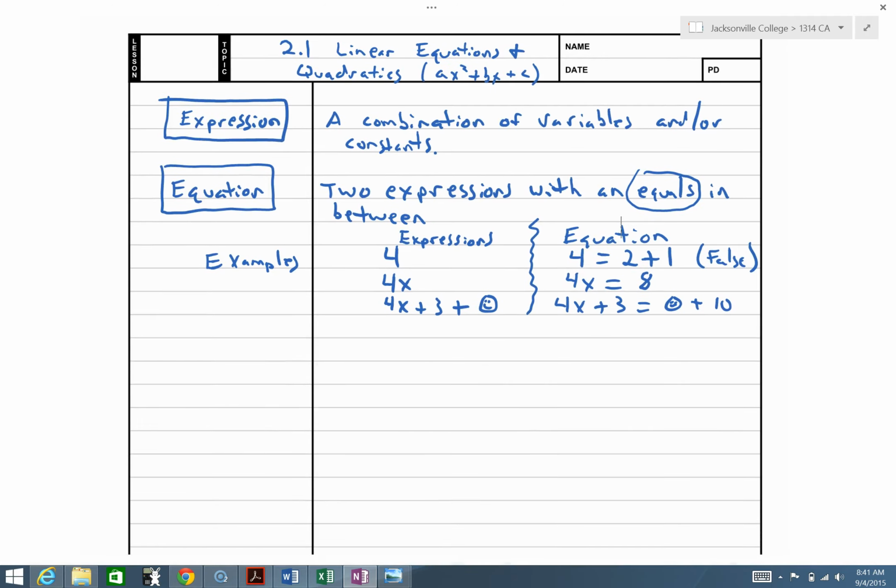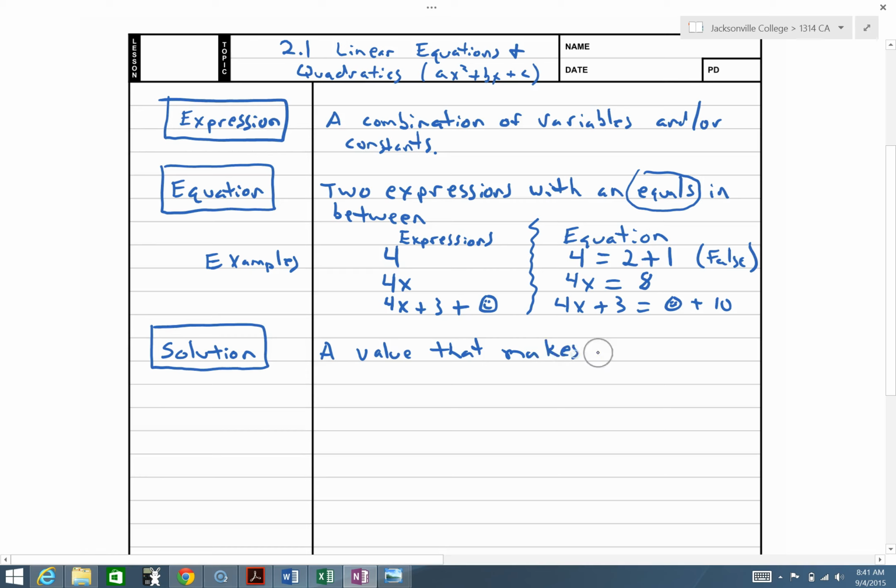Next definition, solution. A solution is a value that makes a statement true. In this example here, 4x equals 8.